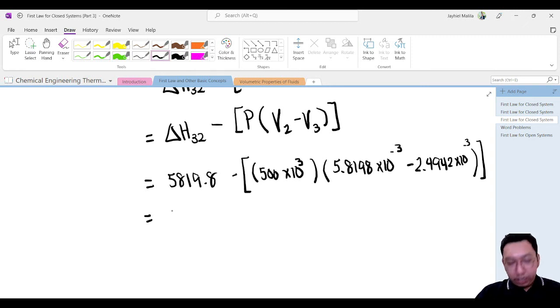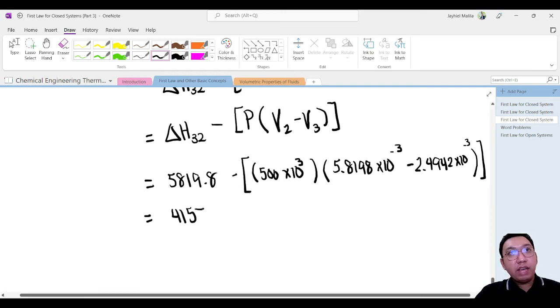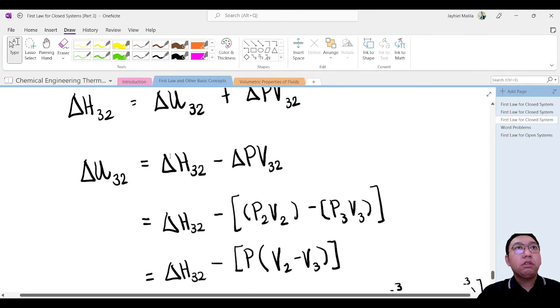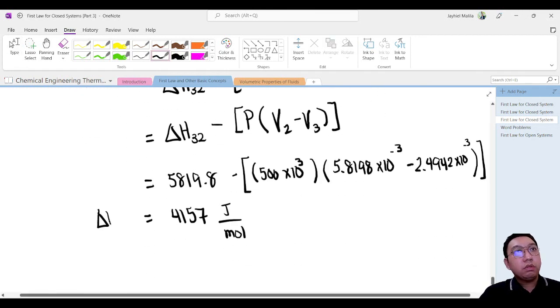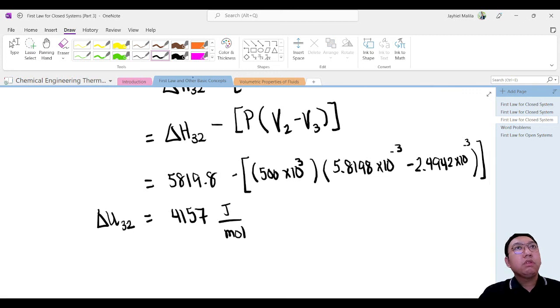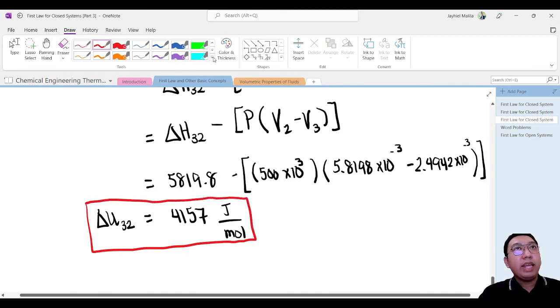Okay, my answer here is 4157 joules per mole. This is the delta U32. Okay, I guess I'm done. But it took me a long time because I solved everything candidly.